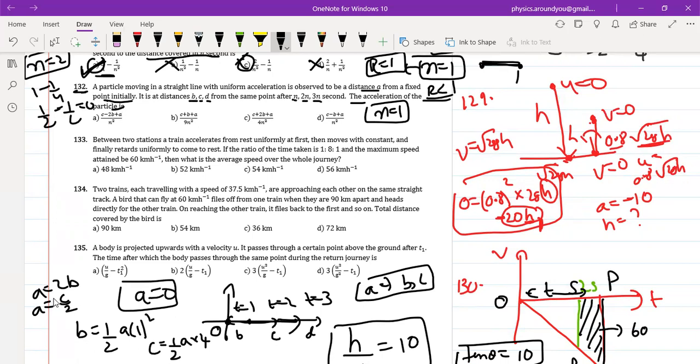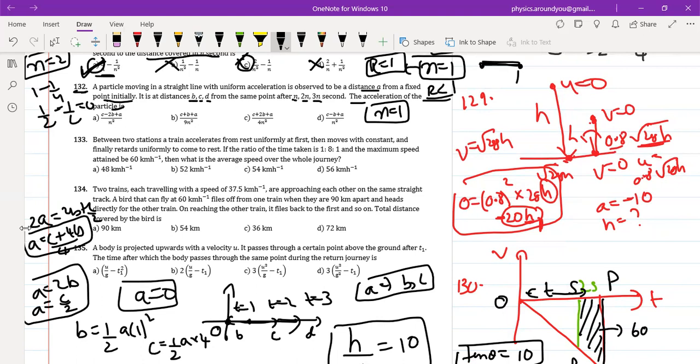So what is A in terms of b and c put together? Okay, I will add them. When I add them, 2A equal to 2b plus c by 2. And then I divide by 2. So it should be (c plus 4b) by 4.